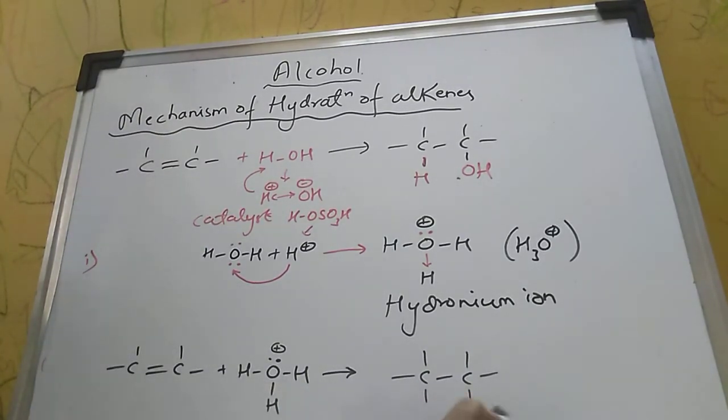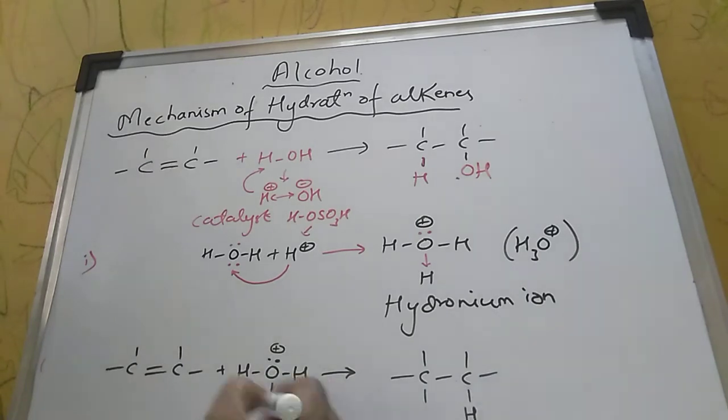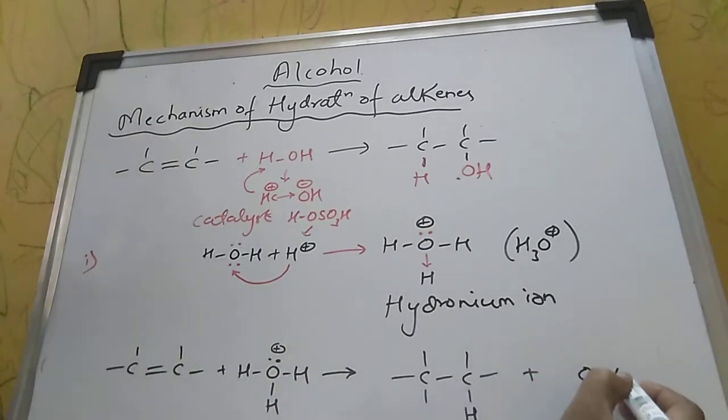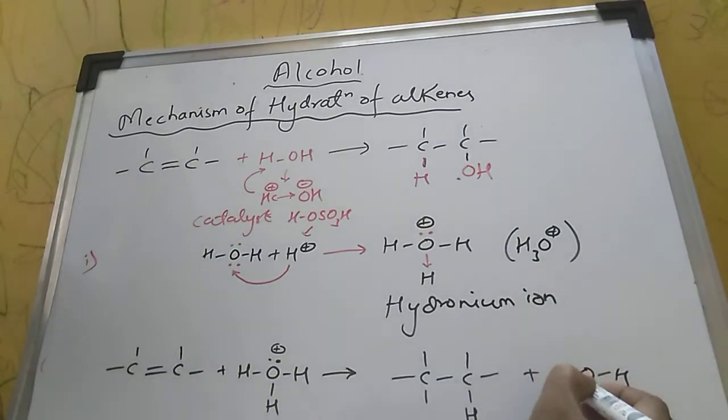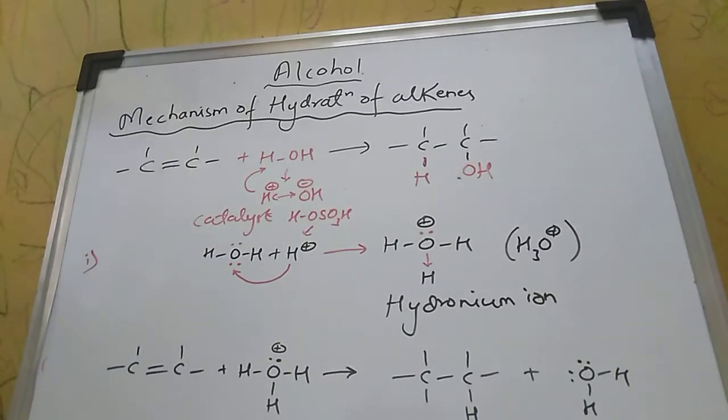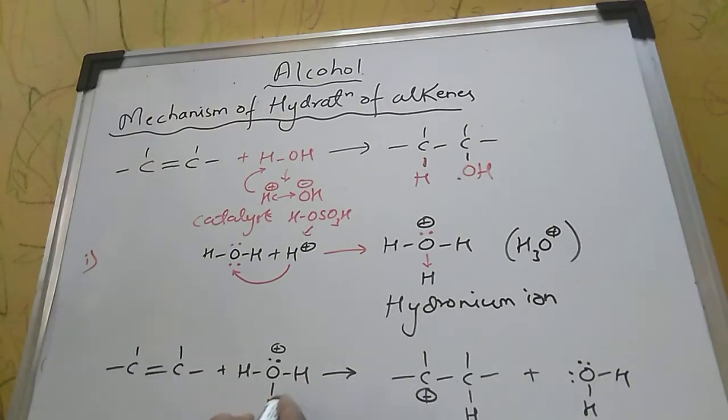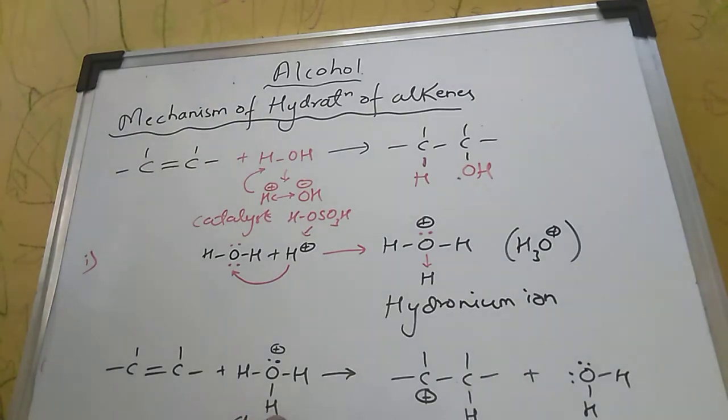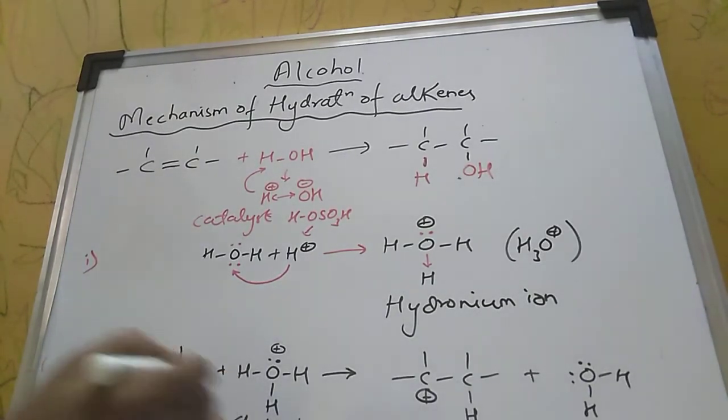One carbon gets the H, and the remaining water molecule goes out as it is, leaving the electron pair behind, and one carbon is positively charged. So you can say this hydronium ion, it's a positive ion, is called an electrophile. We'll say electrophilic attack of hydronium ion on alkene.